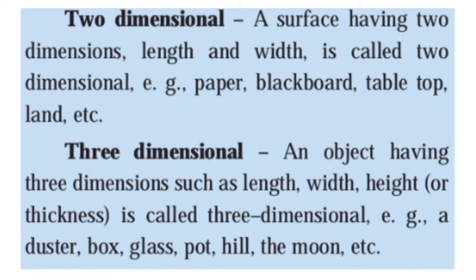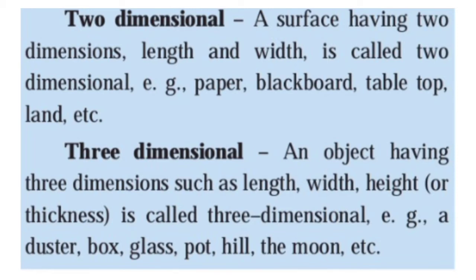Now let us see the definition of three-dimensional. An object having three dimensions such as length, width, height (or thickness) is called three-dimensional, which means any object having three dimensions such as length, width and height.